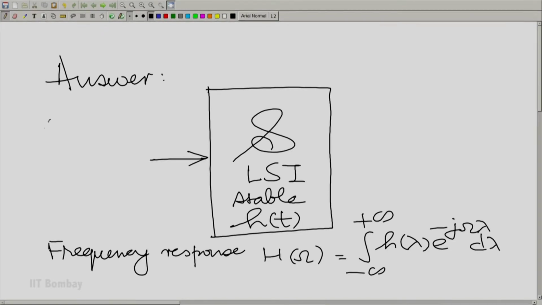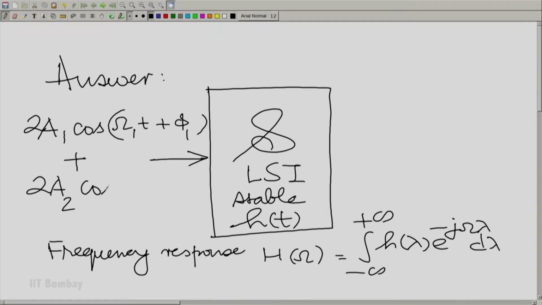And I have the input 2 times a1 cos omega 1 t plus phi 1 plus 2 times a2 cos omega 2 t plus phi 2, and the output is very simple.